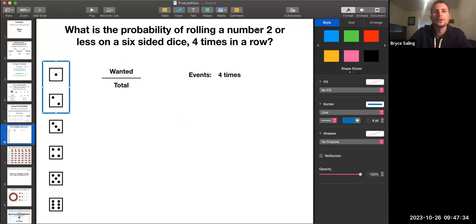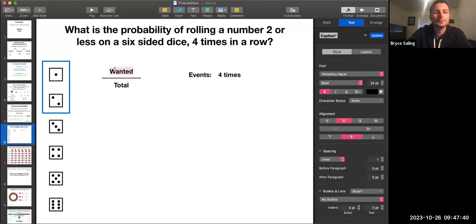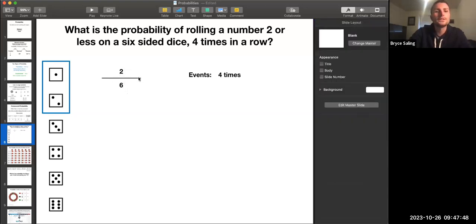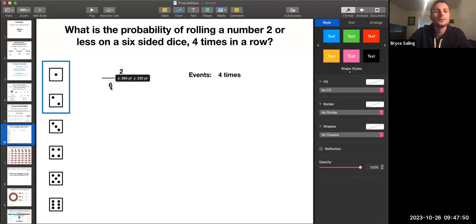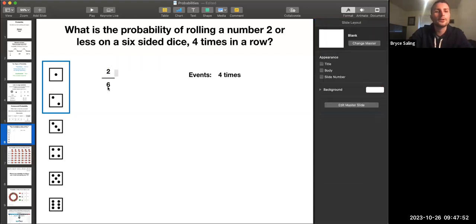Read it: a number 2 or less on a 6-sided dice. So our wanted, we have 2 times that we could get a 2 or a 1, because 1 is less, and then there's 6 total outcomes. Or you could simplify that to 1 out of 3.